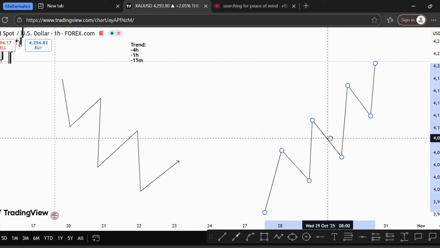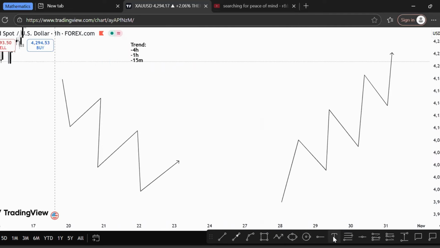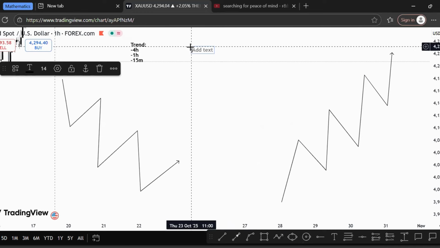Now, the second thing I do is I look for a market structure shift or a break of structure, right? I look for these two.